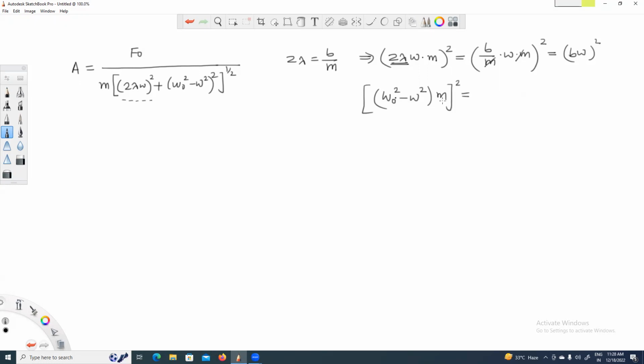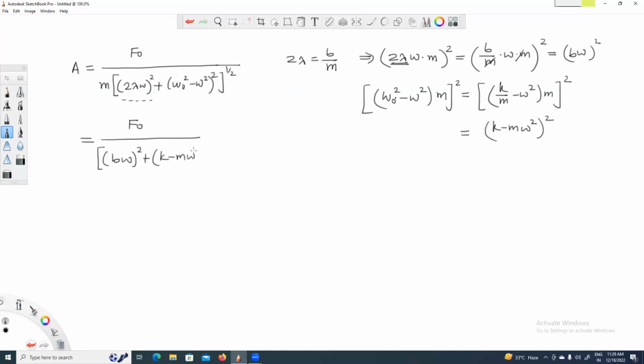Since omega naught squared is k over m, multiplying by m gives k minus m omega squared, bracket squared. So I can write this as F naught over the bracket: the first term is b omega, bracket squared, plus k minus m omega squared, bracket squared, raised to half.